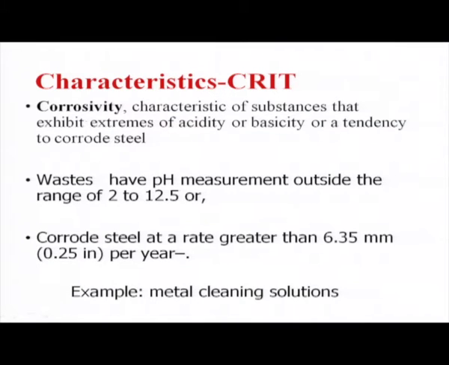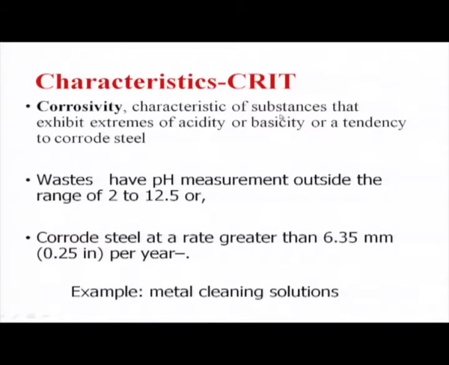If a waste possesses corrosive nature, that waste is considered corrosive waste, hazardous by nature. Corrosivity is the characteristic of a substance that exhibits extremes of acidity or basicity, or a tendency to corrode steel. So, this is a special property. The waste material should be of extreme acidity or basicity, or it should have a tendency to corrode steel.